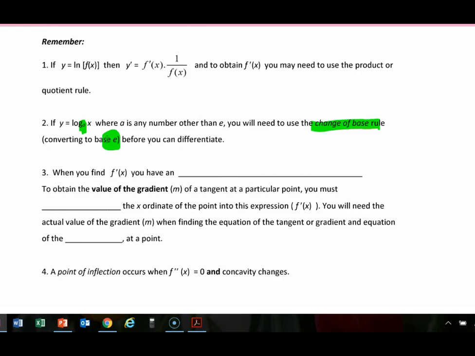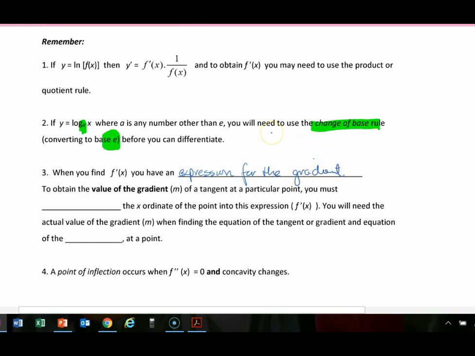When you've found the derivative, what have you found? Well, that doesn't change. When you've found f dash x, you have an expression for the gradient along the graph of y.